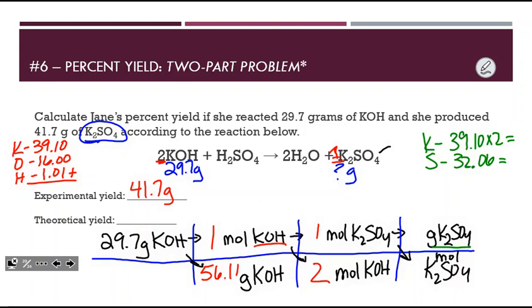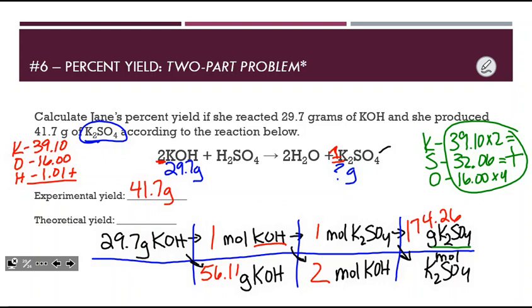And then the oxygen, 16 times 4. Put all this in your calculator and add it up. Find the molar mass of that. Did anybody get that molar mass? What is it? 174.26, everybody got? You all in agreement? Okay, good. Now we're all set up, ready to calculate.